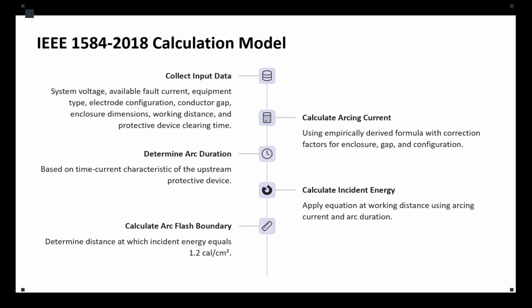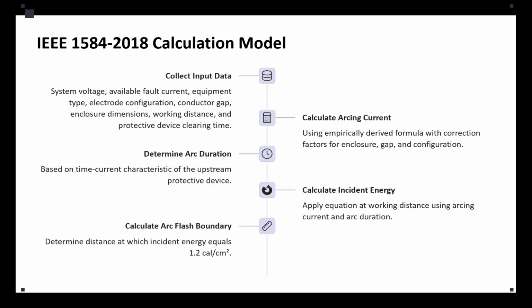And we have to know the protective device clearing time, which is the duration of the arc in seconds. Okay, these values must be measured or calculated using validated fault analysis tools like ETAP, EasyPower, or SKM Power Tools.